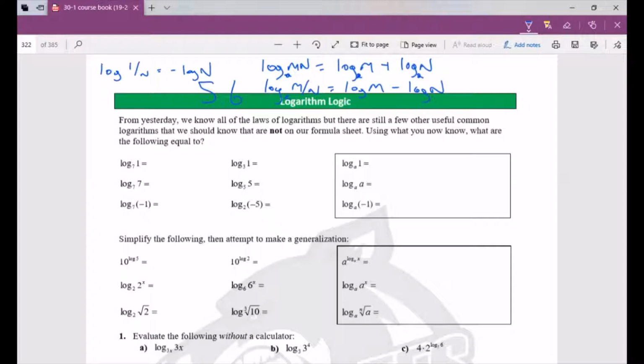The third rule that we looked at was, let's stay down, I'm running out of room here a little bit, the logarithm of m to the exponent of n base a is equal to that exponent of n comes down front, and it's now a coefficient of n times the logarithm of m, all base a. So those are our three rules for logarithms, and we looked at those in the last section.